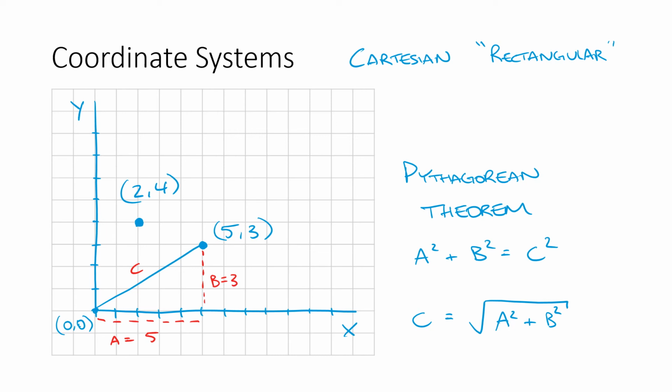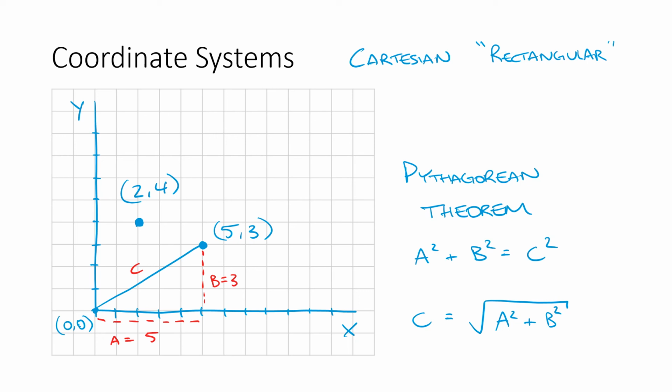Even if I was to draw a line from the origin right here being 0, 0, it's good in that it's straightforward, but it's not always occurring in the real world.